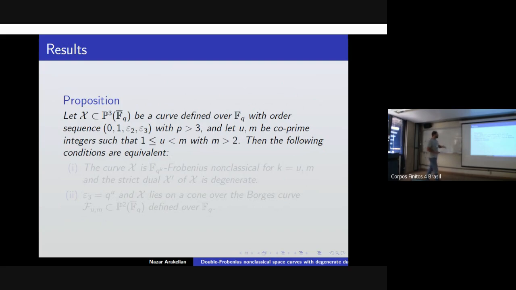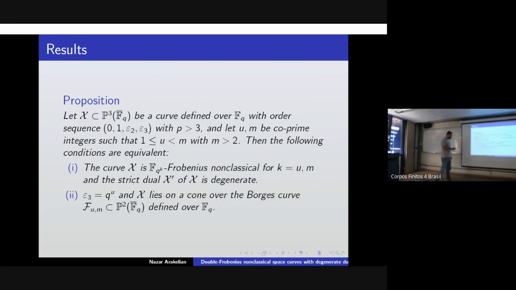Then these conditions are equivalent: your curve is double Frobenius non-classical such that the Gauss dual is degenerate, and your curve lies on a cone over the Borges curve.